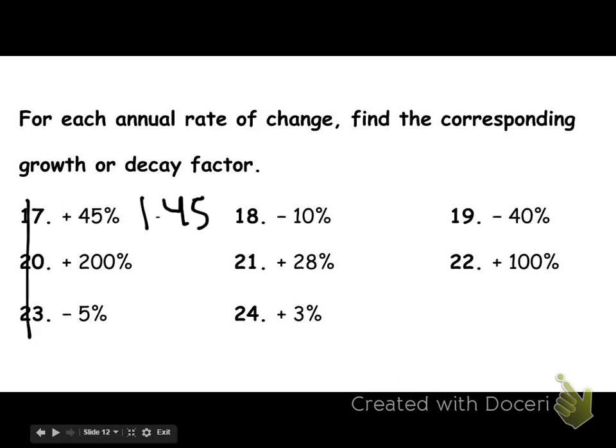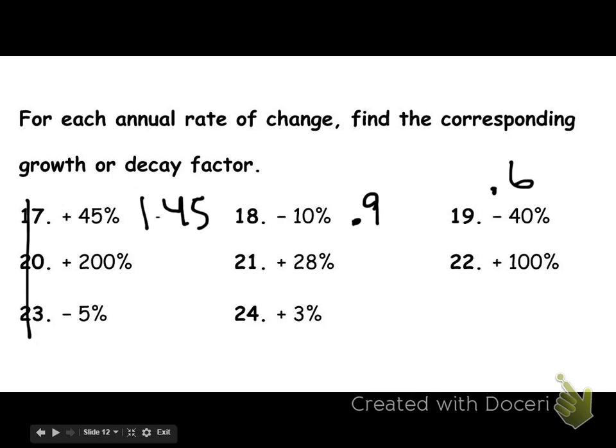Change to a percent. Oh, yeah, 0.9. Correct. What about negative 40%? 0.6.